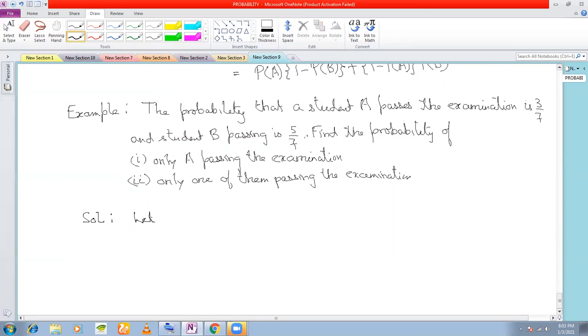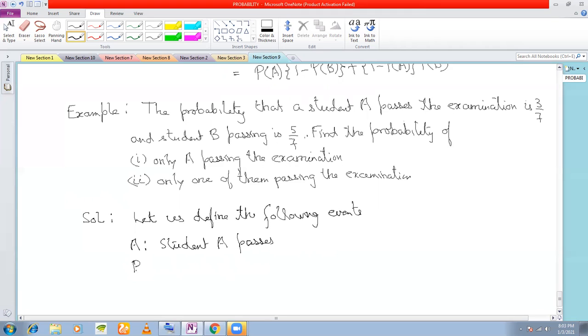Let us define the following events. First, we shall define the event that student A passes, right?